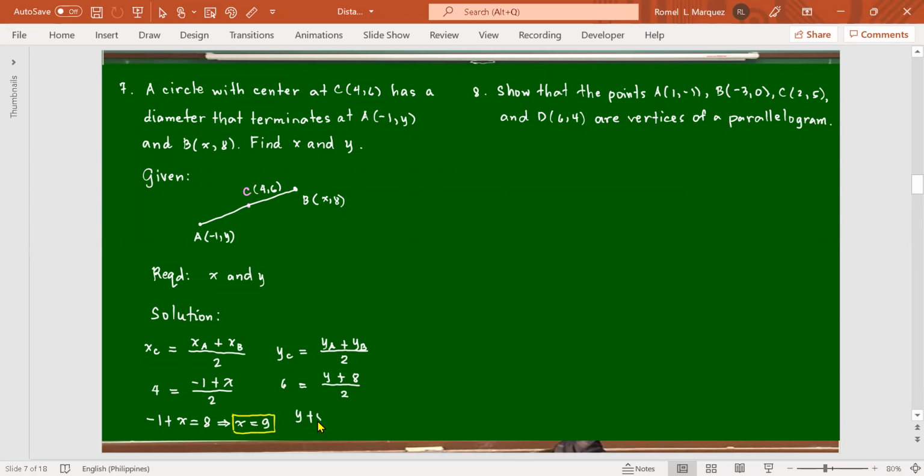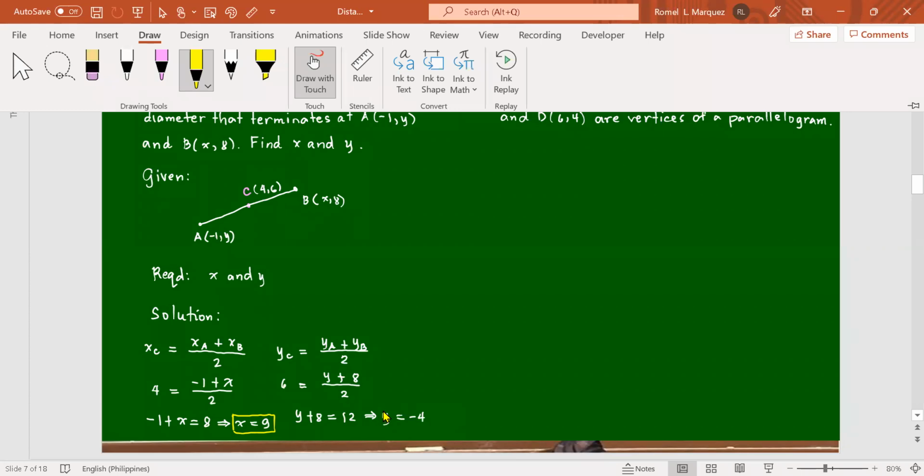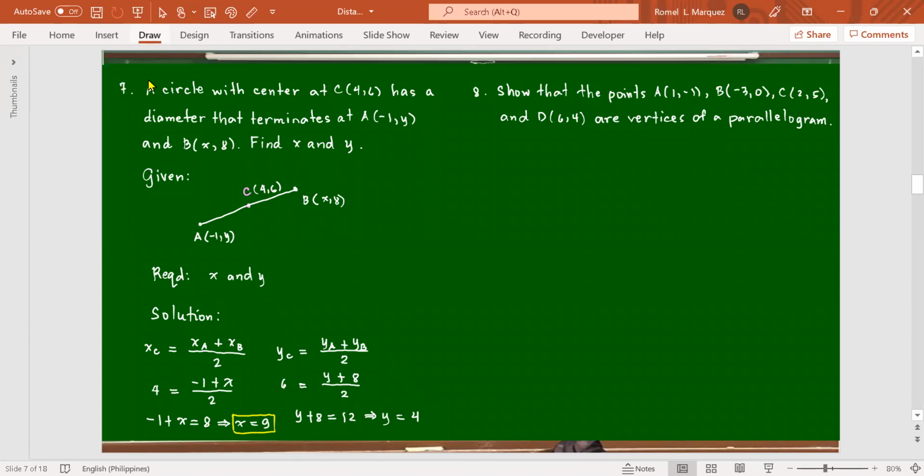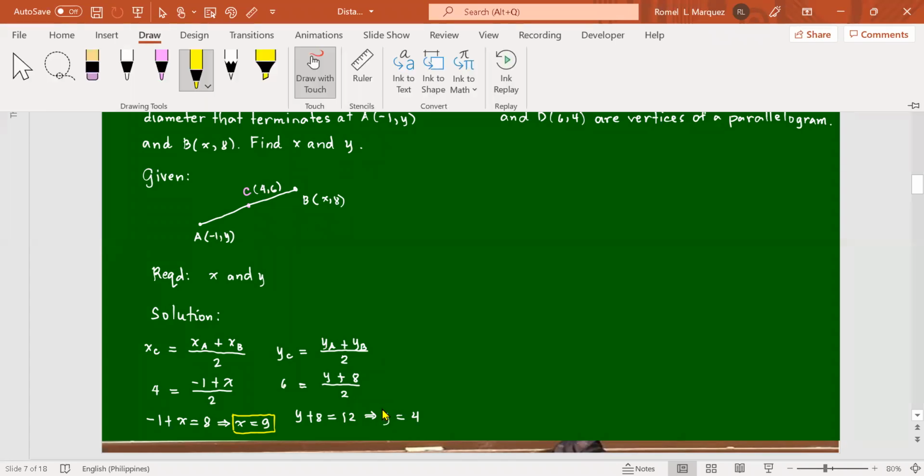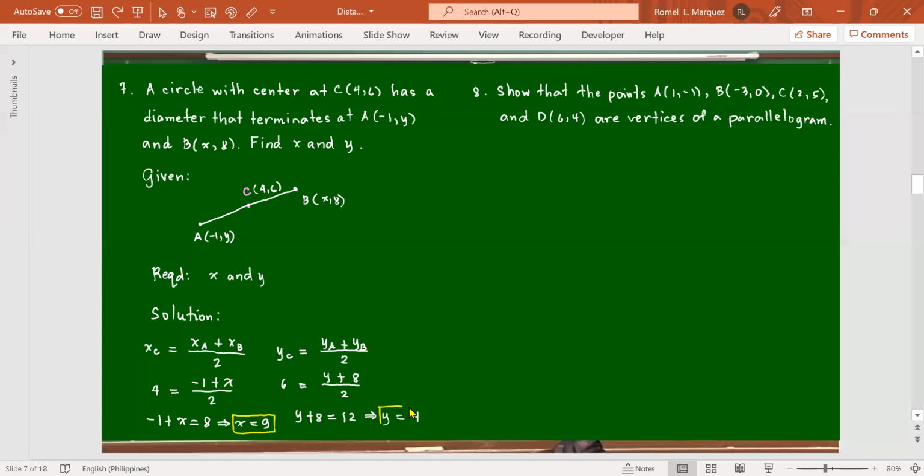Therefore, y plus 8 is equal to 12. Or what is the value of y? Negative 4. Am I right, guys? Children? Or Sir, positive 4? Positive 4. y equals positive 4. Okay? Do you have any question with this, children?